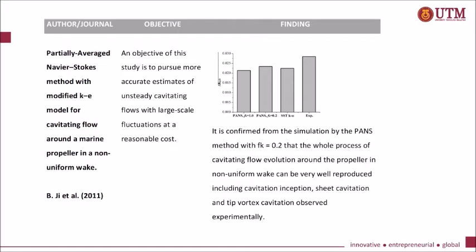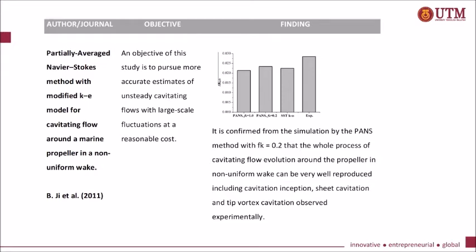Next journal is partially averaged Navier-Stokes method with modified k-epsilon model for cavitating flow around a marine propeller in a non-uniform wake by B.J. et al. In the year of 2011. The objective of this study is to pursue more accurate estimates of unsteady cavitating flows with large-scale fluctuations at a reasonable cost.